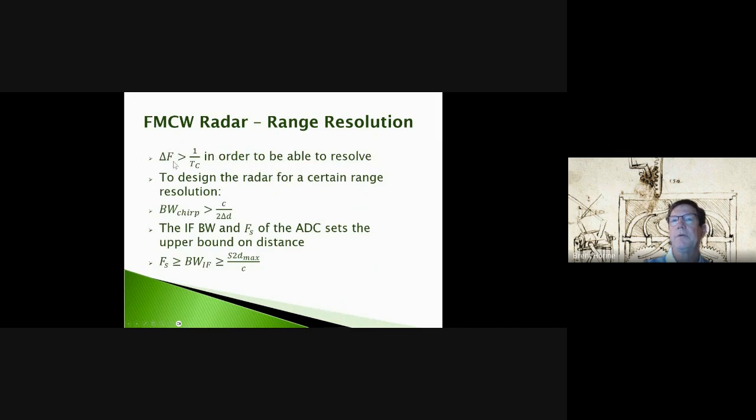Really, another way of saying it is that we want our delta F to be greater than 1 over TC in order to be able to resolve. So if the tones are spaced closer than that, we won't be able to resolve them.